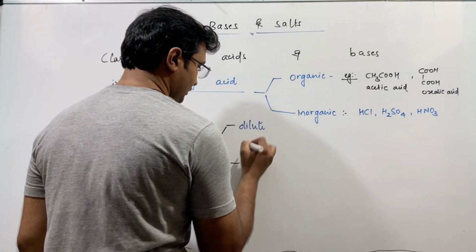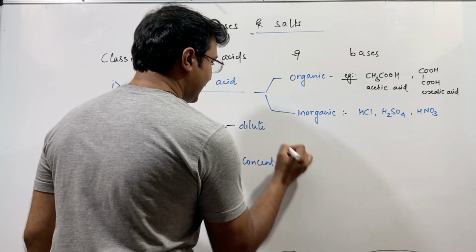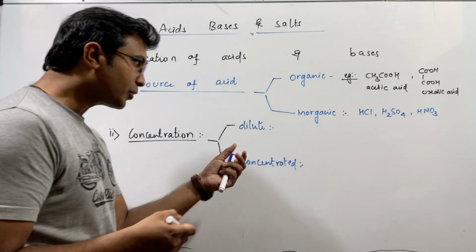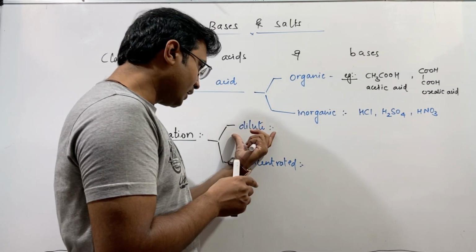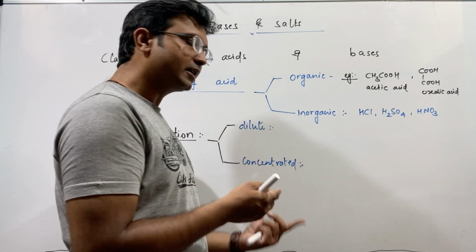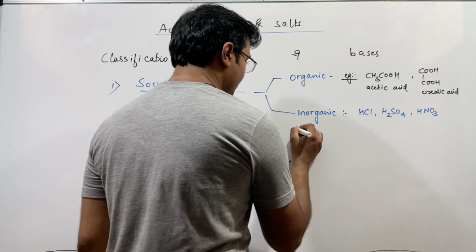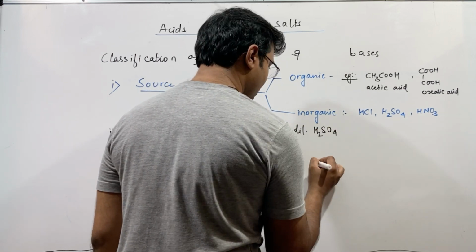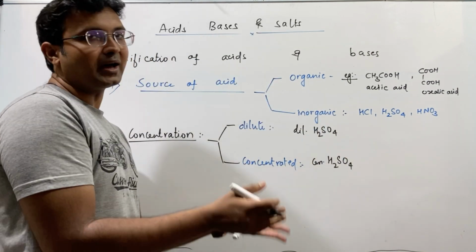Dilute means what? When it is having more proportion of water, that means it is diluted more by water, it is dilute acid, and concentrated means less proportion of water. Alright, for example, we have dilute H2SO4 and we have concentrated H2SO4, and the characteristics of both are different.